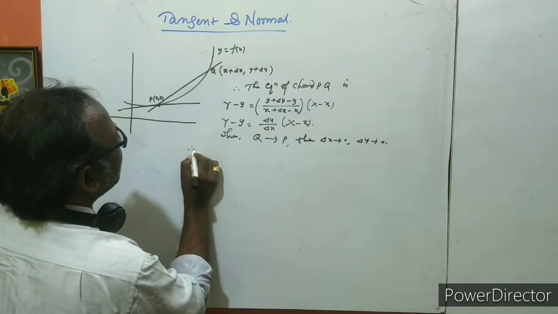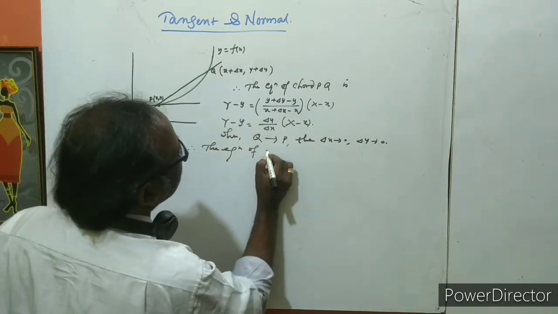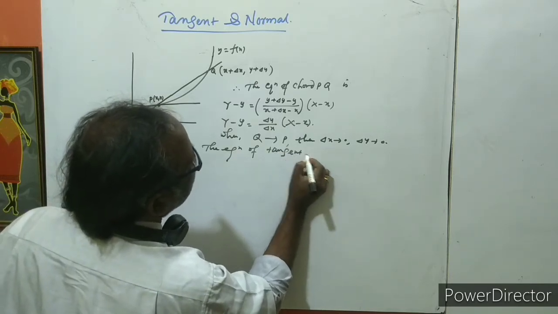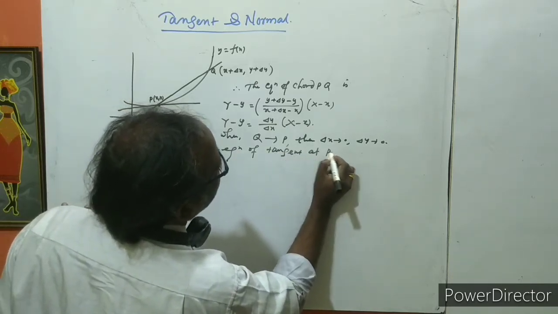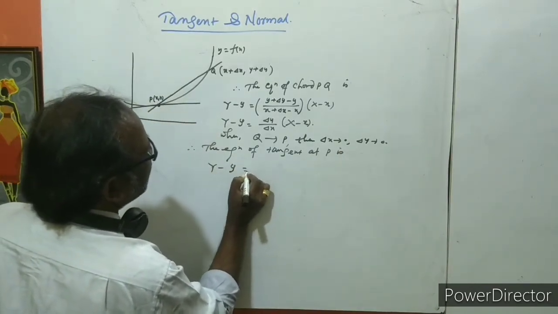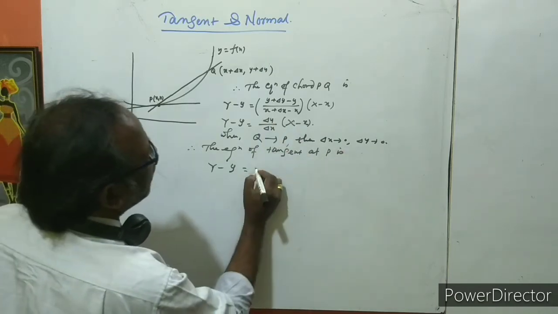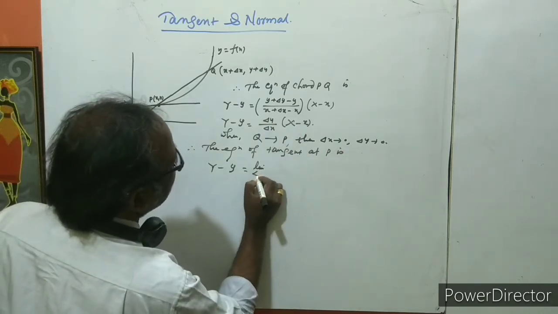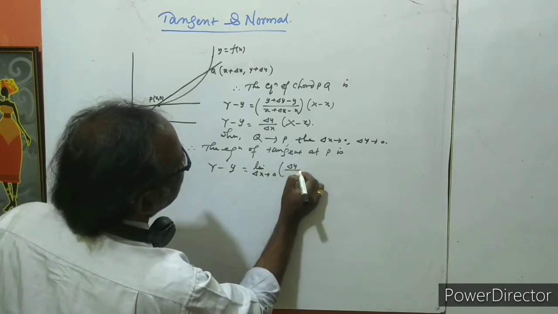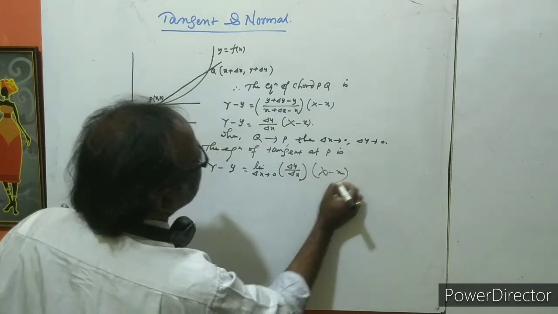So the equation of the tangent at P is Y minus y, and here I apply the limit theorem: the limit as del x tends to 0 of del y by del x, times (X minus x).